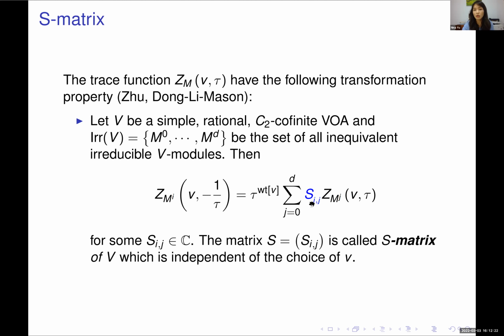These numbers Sij form a matrix. This is called the S matrix of the VOA, and it's independent of the choice of v. Later you will see that when we try to find the fusion products, it can be written in terms of the S matrix here.